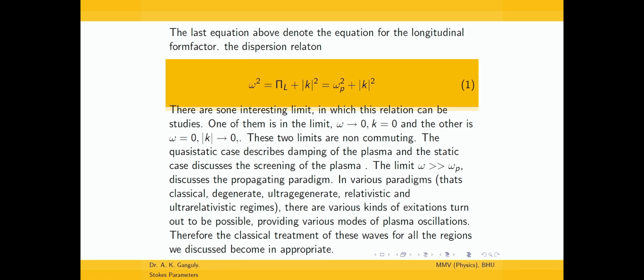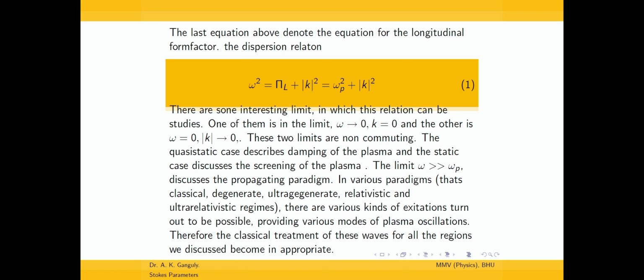The situation is perfect in the sense that one square is given by the sum of two squares, and those are also perfect. So, no trouble is seen in the paradise. If we can set the wave vector to 0, we can see that the minimum energy of excitation in this particular system is equal to the plasma frequency, and that is how the whole thing vibrates and the universe remains stable.